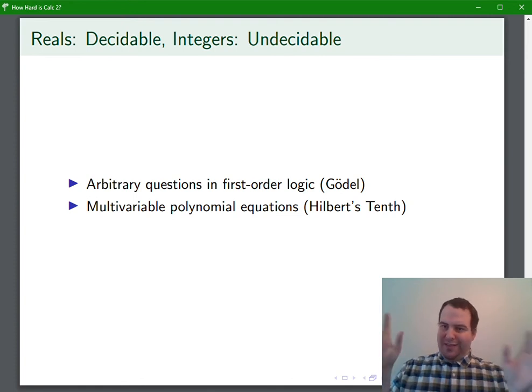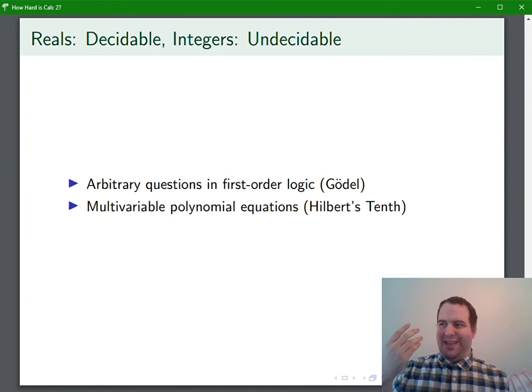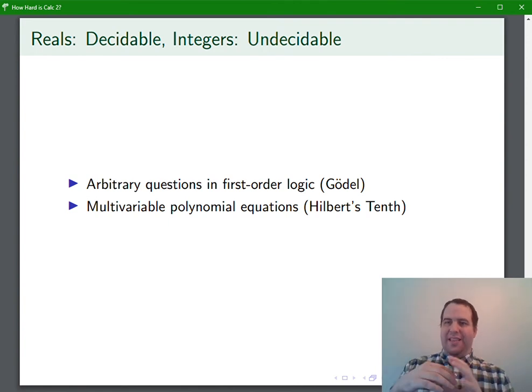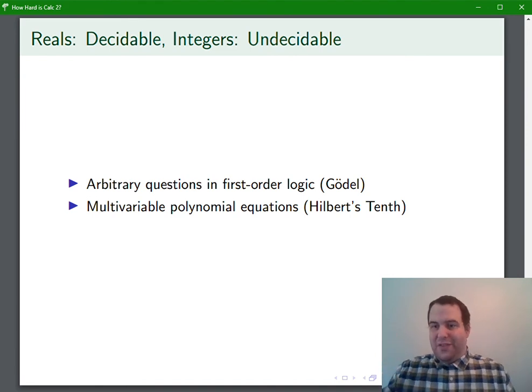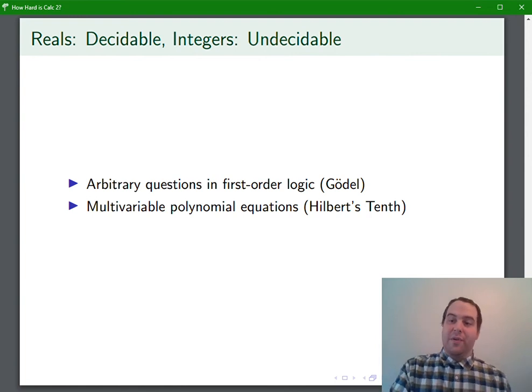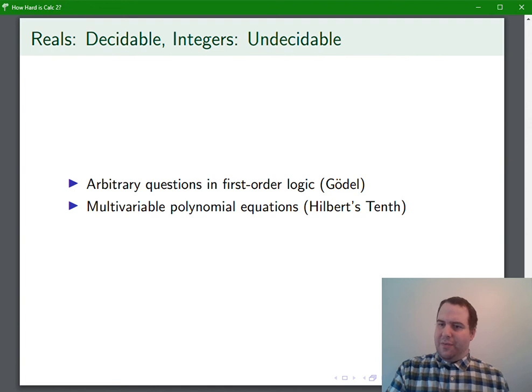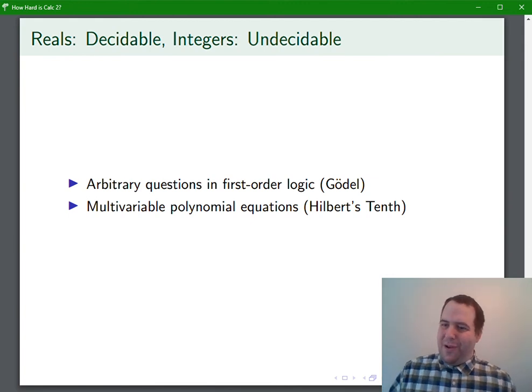So it's kind of contradictory, right? It's counterintuitive, the fact that when we add more stuff, things become more decidable. But that's just the way things are. Integers wind up being very undecidable. Real numbers wind up being very decidable. And of course, if you're interested in polynomial equations over the complex numbers, does this complex polynomial have a root?